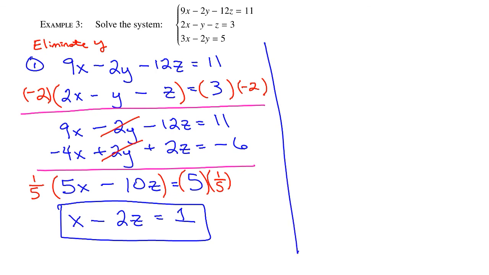All right, then I pick another pair, and I'll pick the second and third equations. So 2x minus y minus z equals 3, and 3x minus 2y equals 5.